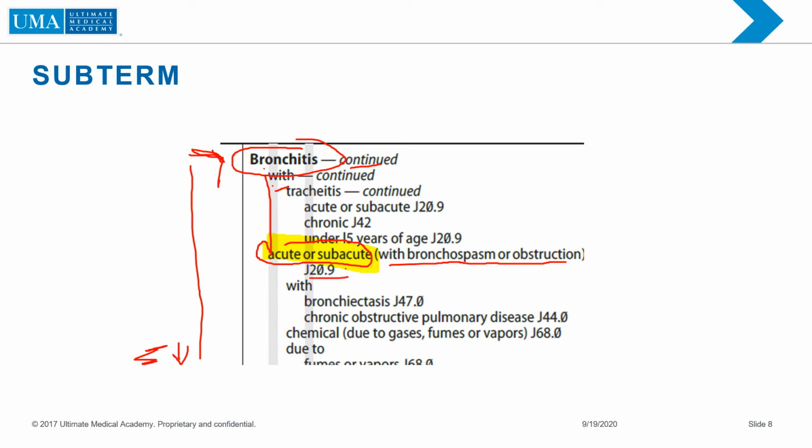So what we would do next is go to the tabular list and look up J20.9. Then we would choose the code that is most specific to our diagnosis of acute bronchitis.